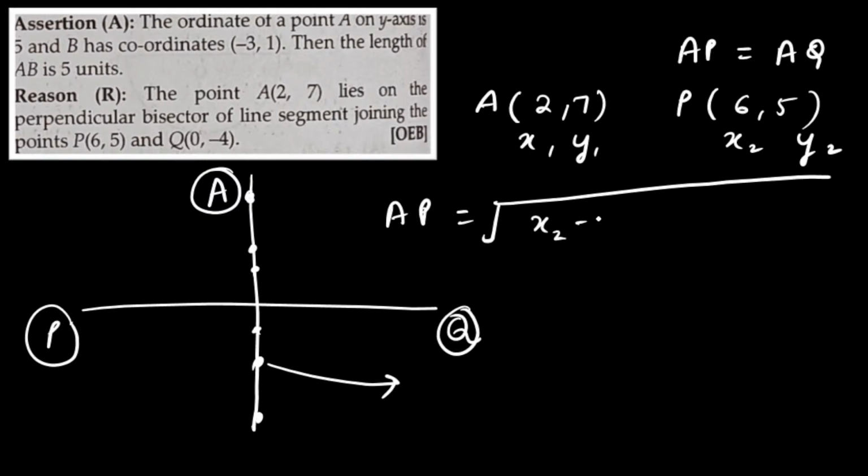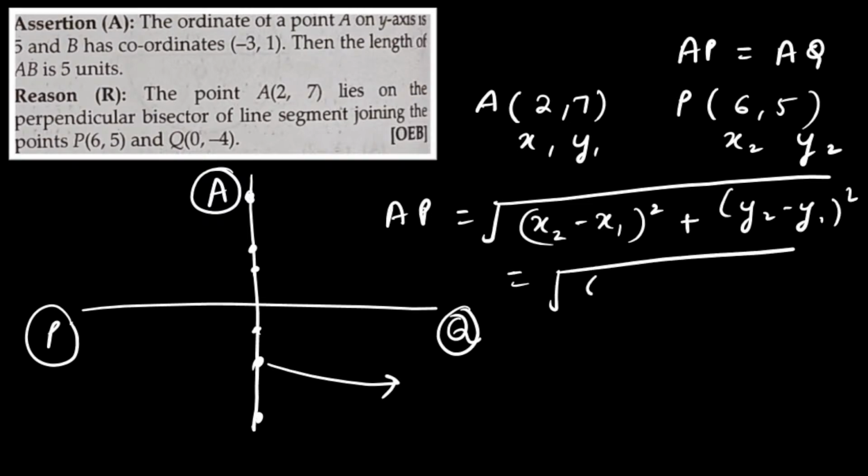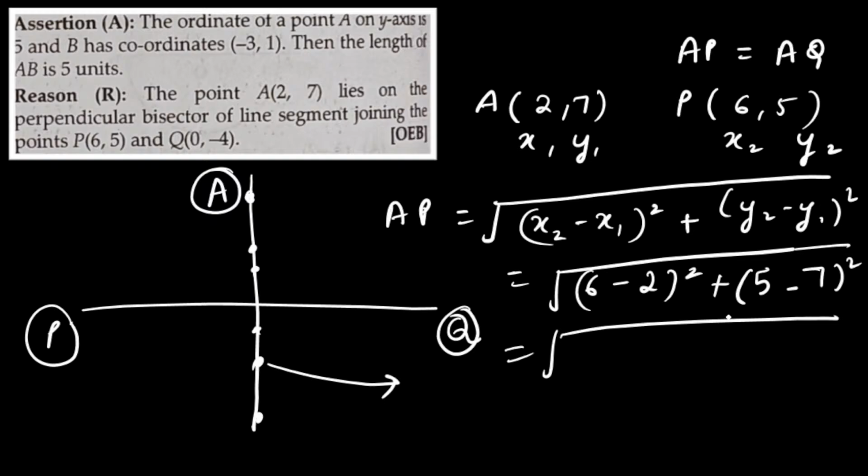The distance formula I'll use: square root of (x2 minus x1) whole square plus (y2 minus y1) whole square. So x2 is 6 minus x1 is 2, so (6 minus 2) whole square, plus y2 is 5, y1 is 7, so (5 minus 7) whole square. 6 minus 2 is 4, 4 squared. 5 minus 7 is minus 2.